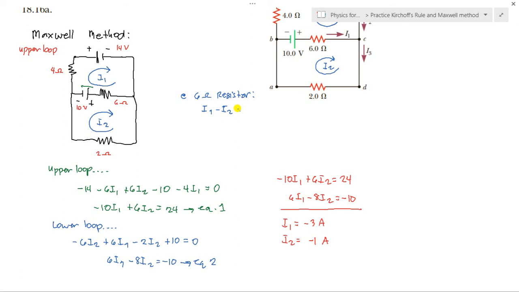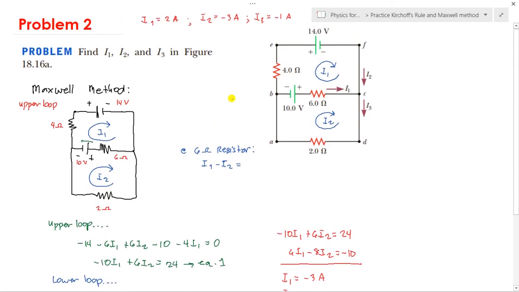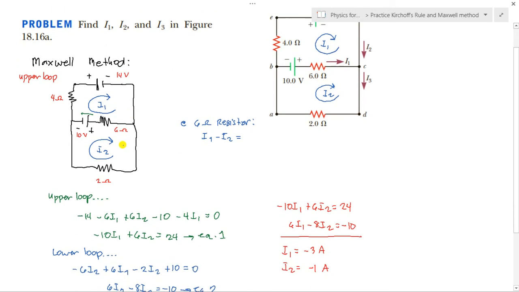So, based on the result of Maxwell, what interacts with the 6 ohm resistor is the difference between I1 and I2. So I1 is negative 3 minus I2 which is negative 1.